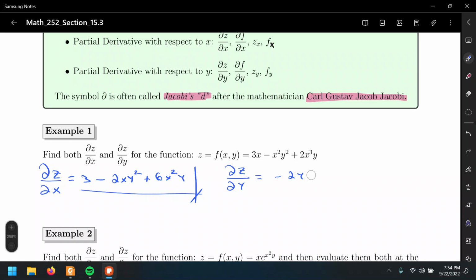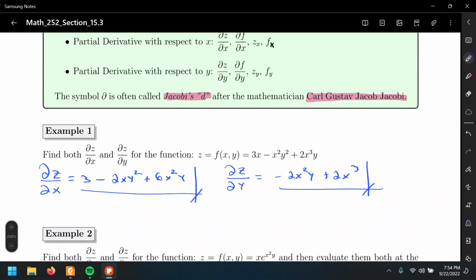Let me write it in alphabetical order. And plus the derivative of 2x cubed y, but in this case we're differentiating with respect to y, so everything else is constant. 2x cubed is just a constant. But what's the derivative of y? 1 times 2x cubed, that's simply 2x cubed.